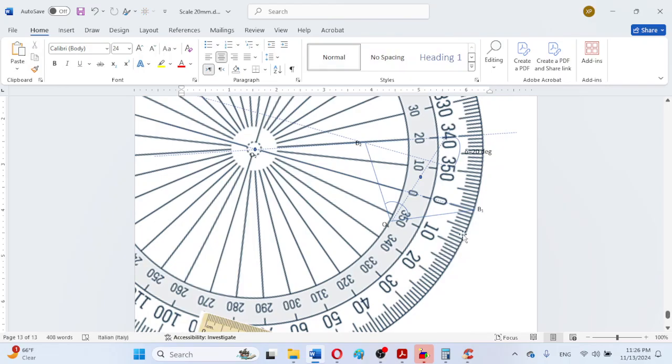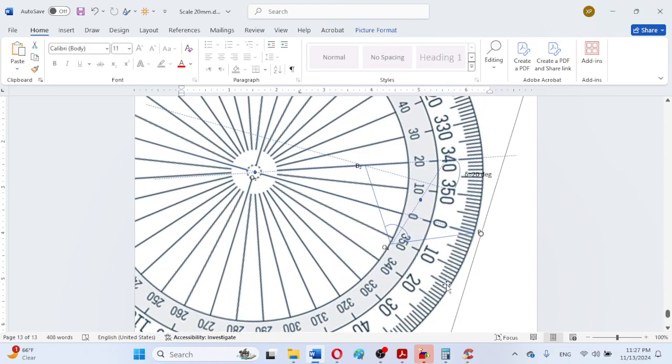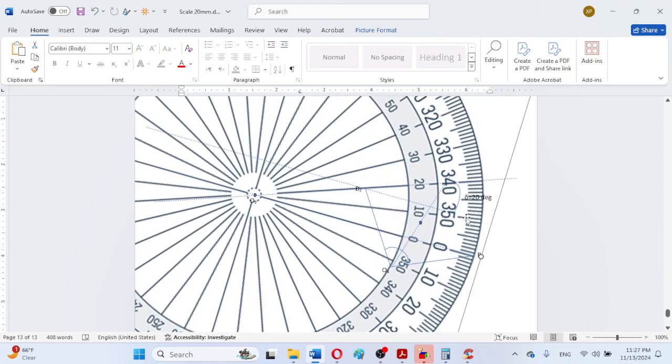And here, as we can now observe, for this extreme B1, the center of the protractor is at O2, and this zero line or the boundary of this protractor is at B1. So in this way, we can observe that this point will be the B1 dash.